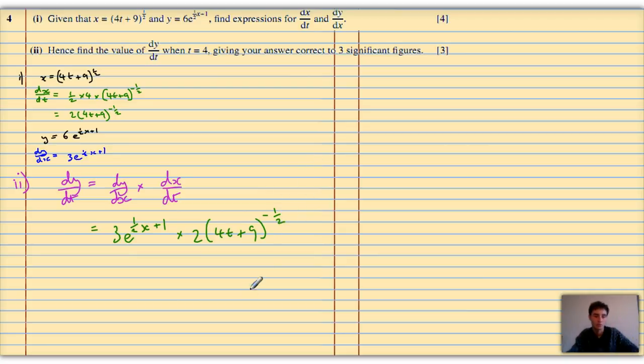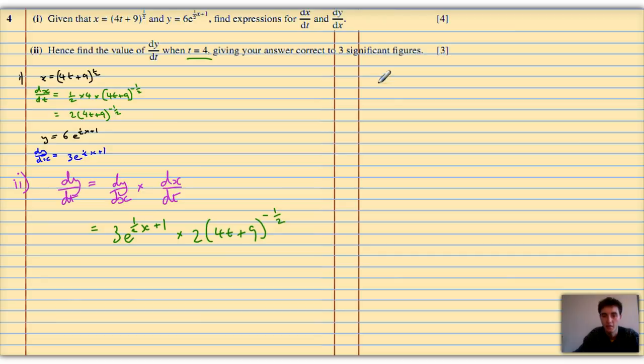As you'll notice, our expression involves x and t's, but we just want when t equals 4. So to replace this x when t equals 4, we can either substitute t into this equation, or what I'm going to do is just find the value for x.